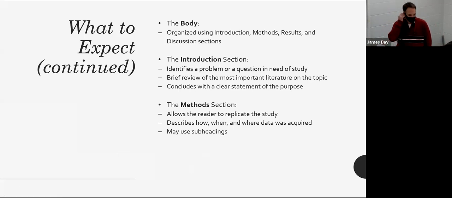The idea with the introduction, and the only reason to read an introduction, is if you're not convinced or you don't know enough about the problem to decide whether or not it is in fact a problem worth researching.